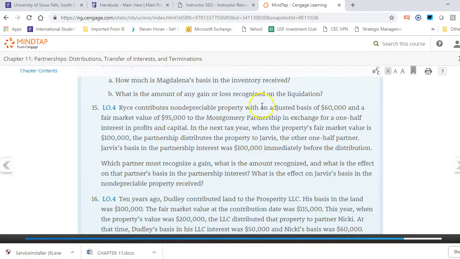Okay, so Rice contributes non-depreciable property, adjusted basis of 60, fair market value 95. The next year when the property's fair market value is 100, the partnership distributes the property to Jarvis, the other 1/2 partner. So a little bit different in that Rice contributes it, and then a year later it gets distributed to the other partner.